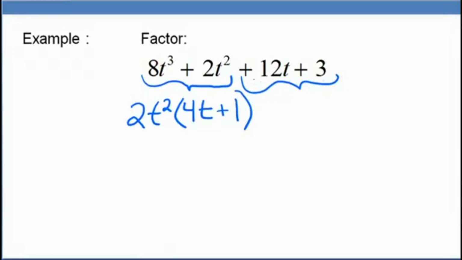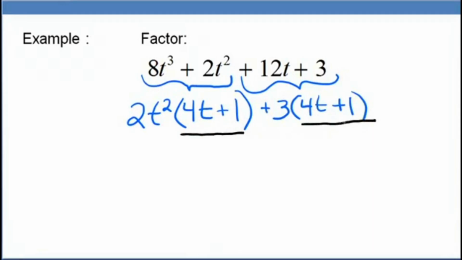Then we'll look at the second group. We can take out a 3. And to get back there, we're missing a 4t plus 1. Then we'll look at the whole problem. And what we hope happened is that we ended up with a common binomial, which we did.